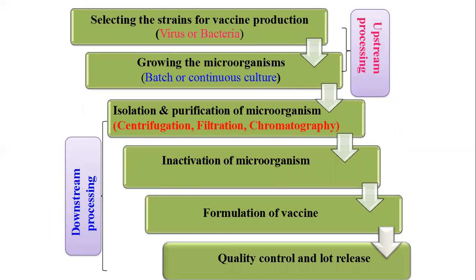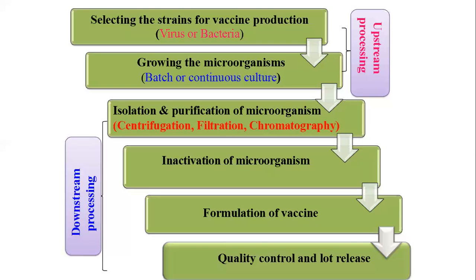Then, if we are isolating the protein, we have to centrifuge to pellet down the cell debris, and the proteins will be collected in the supernatant. The supernatant will be filtered, and after filtration we can go for a chromatography process. Here we can use gel filtration chromatography and then affinity chromatography to purify the protein component.